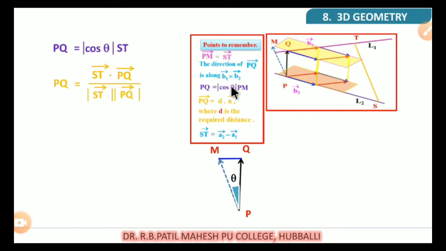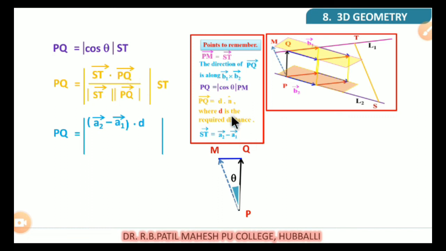Into that we have to take the whole modulus and multiply by ST. Now in the next step PQ is equal to the modulus of ST dot PQ. ST, we already took as the A2 minus A1 vector in the previous slide. So A2 minus A1 dot PQ.